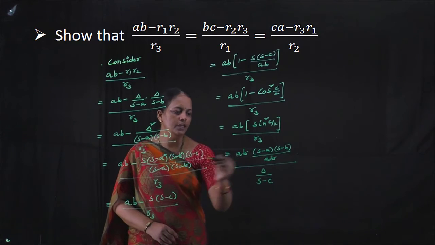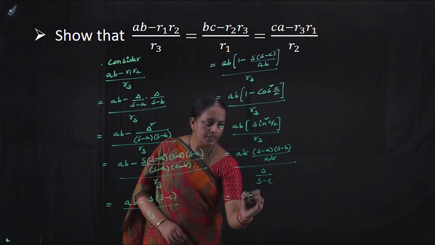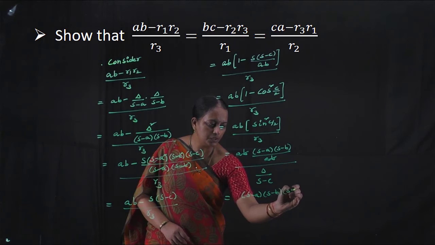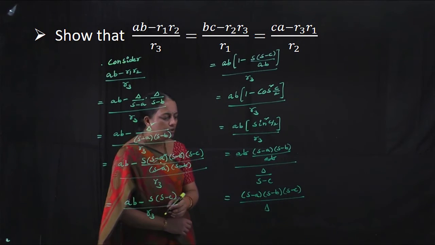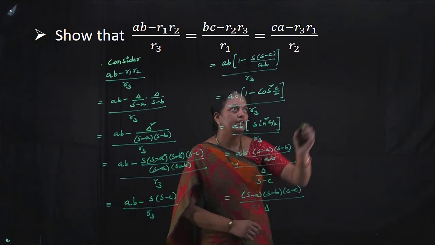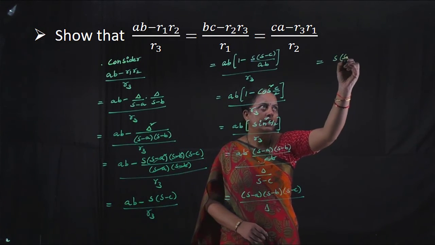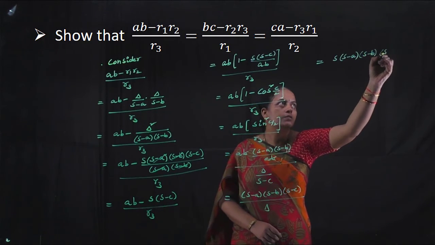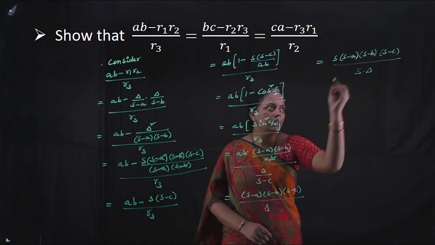Here AB gets cancelled. It can be written as S minus A into S minus B into S minus C by delta. Here you can multiply both the numerator and denominator with S. Therefore S into S minus A, S minus B, S minus C by S into delta.